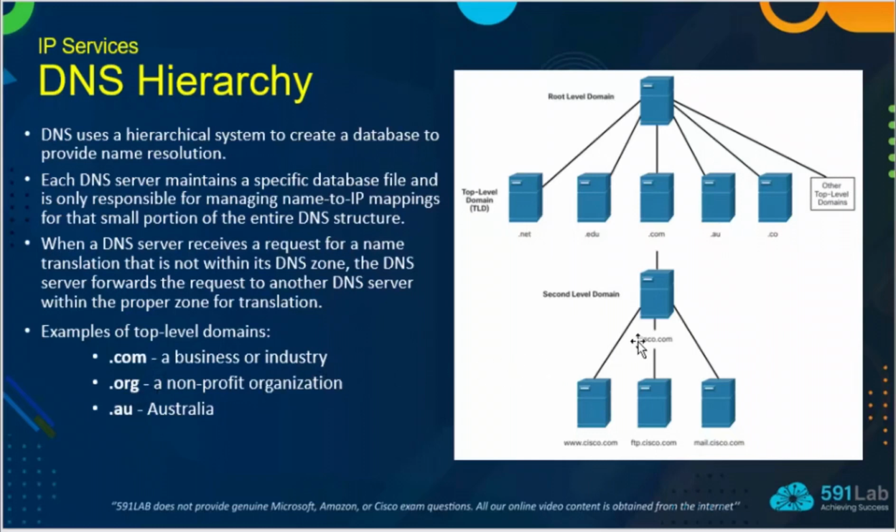Under that we can have a name like Cisco.com. Then we have www.cisco.com, which is for the web server, ftp.cisco.com for the FTP server, and mail.cisco.com, which is for the mail server. All right, so that's for the DNS.